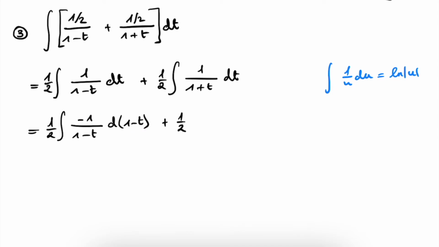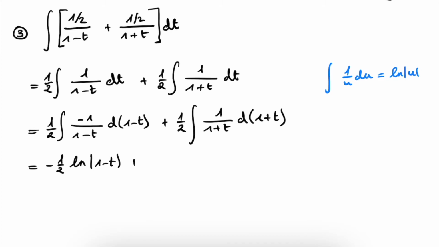Plus 1/2 times the integral of 1 over 1 plus t d of (1 plus t). And in this case, there doesn't need to be a minus sign, because we simply substituted t for 1 plus t, which simply becomes t again. Which means that we get minus 1/2 times the logarithm of 1 minus t plus 1/2 times the logarithm of 1 plus t, plus C, of course, which is often forgotten.